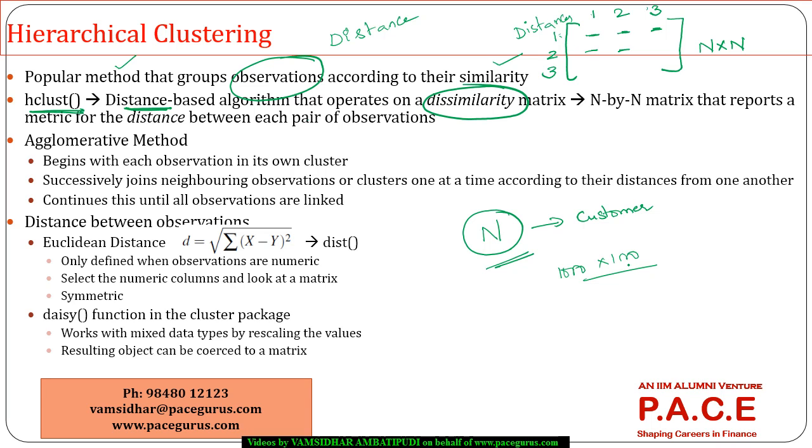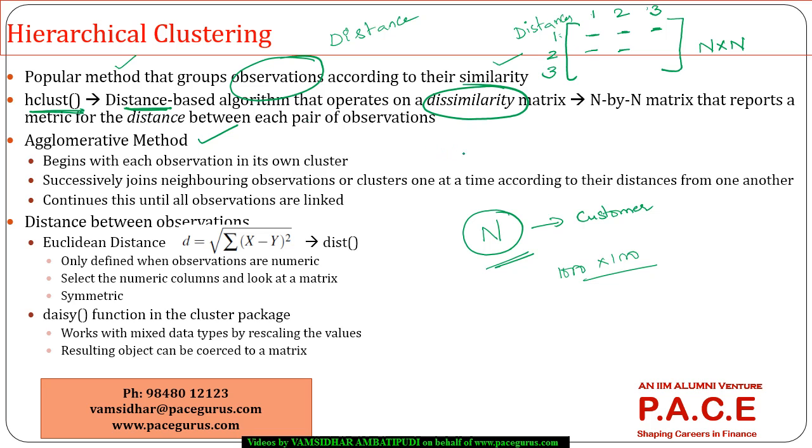Based on the variables, it looks at the values across the customers. If there are n customers, I will get an n by n matrix of the distances between each pair. And the kind of method that it follows is what we call the agglomerative method.